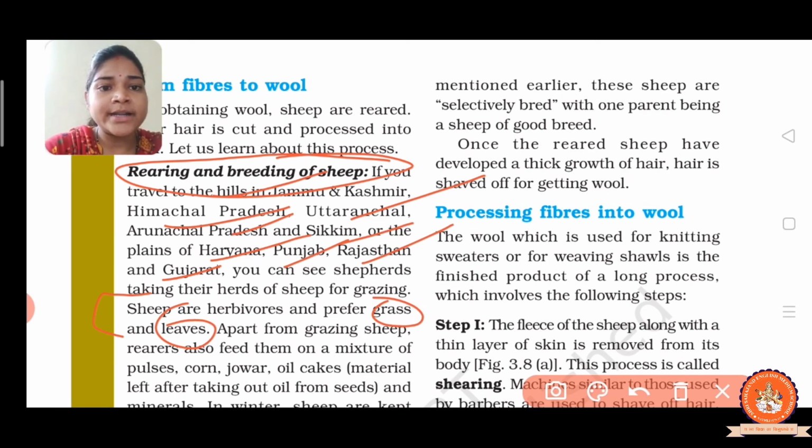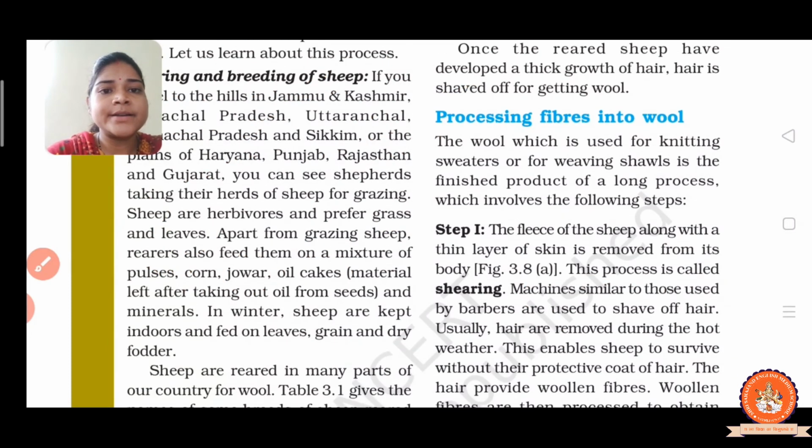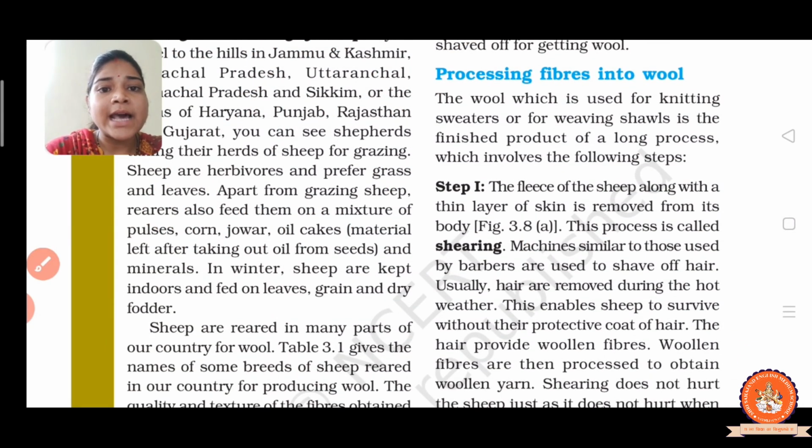Apart from that, they are fed a mixture of pulses, corn, jowar, oil cakes, and minerals, right? And the sheep are kept indoors in the winter season and fed on leaves, grains, and dry fodder.